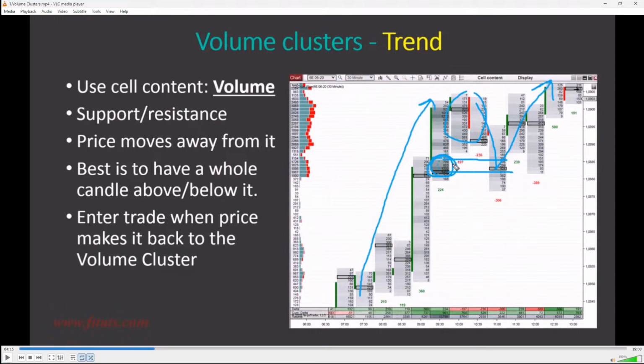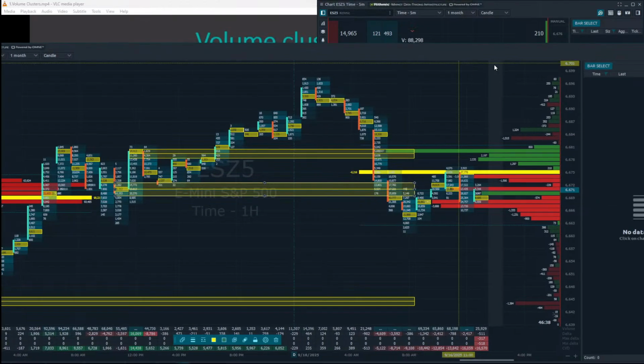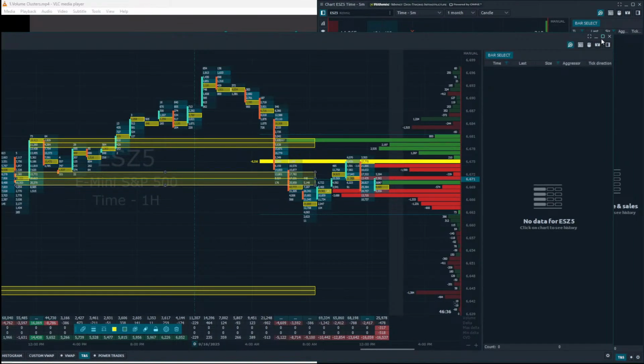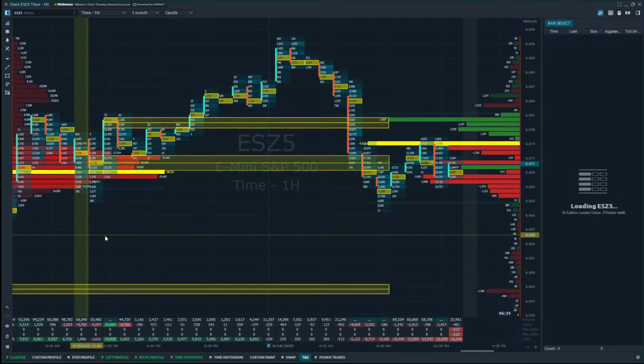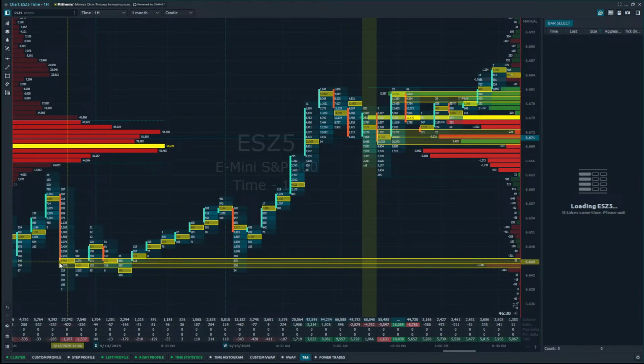So this part was not planned, but this is yesterday, right at the market close. You can look at this if you want, but this would be a large volume cluster here. And we had the full body candles above, retest, long, right?